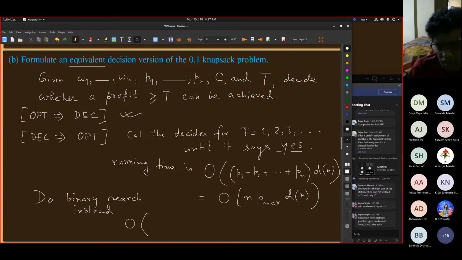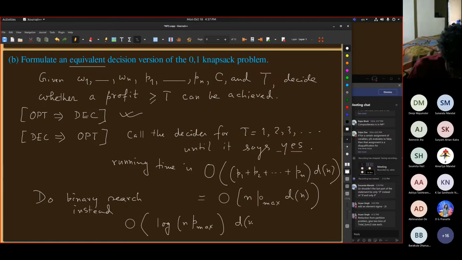So what will be the total running time? So instead of this linear in this, it will be logarithmic of this, right? And this can be bounded by n times the maximum profit. So this will be log of n P max times d of n.